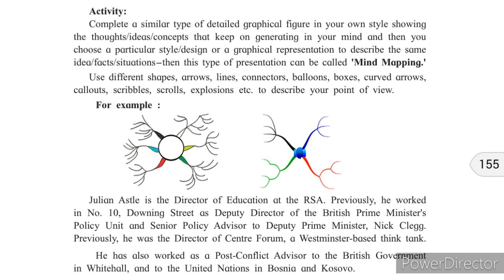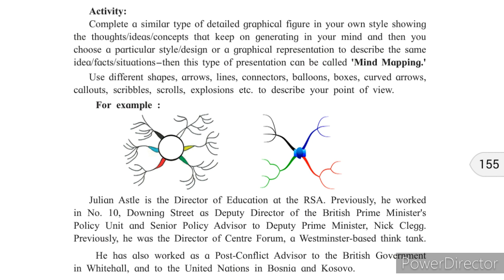Julian Astle is the Director of Education at the RSA. Previously, he worked in number 10 Downing Street as Deputy Director of the British Prime Minister's Policy Unit and Senior Policy Advisor to Deputy Prime Minister Nick Clegg.